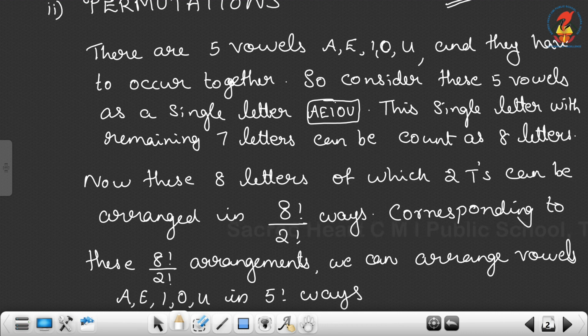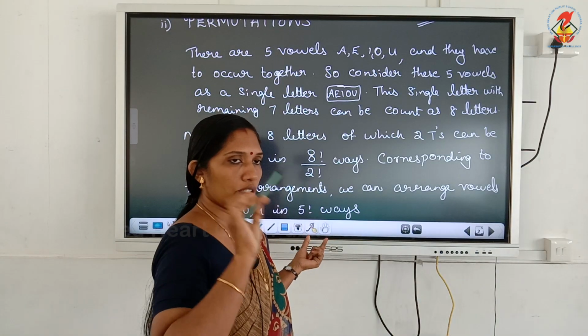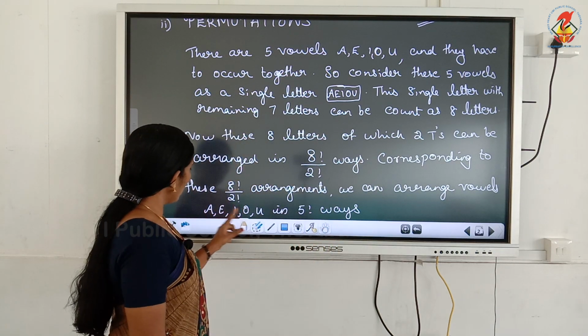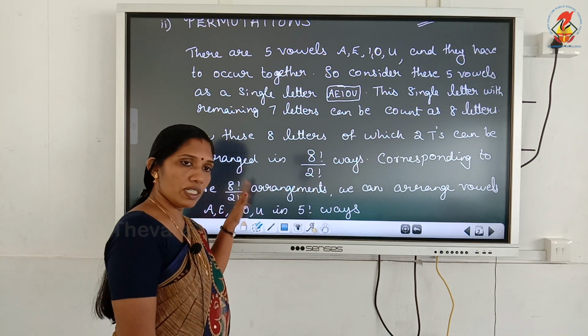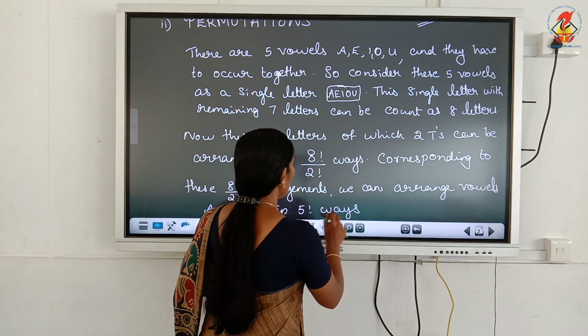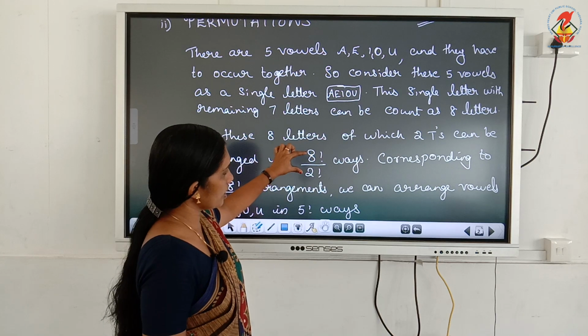How do we get 5 factorial? 5 vowels, so 5 places: 5 into 4 into 3 into 2 into 1. And here there is no repetition, all the vowels are distinct, so no need to divide. The vowels we can arrange like this, and the remaining letters like this.